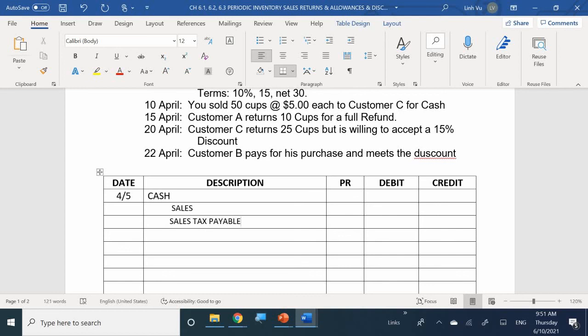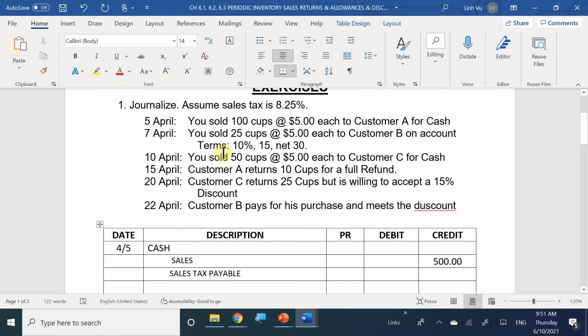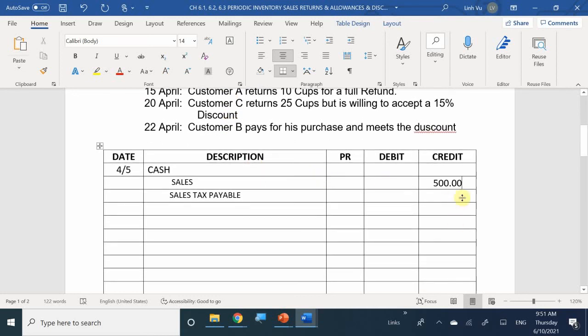Okay, so let's go ahead and calculate our amount. So you said $500, right? Okay, so we take 100 and we times it by $5. So in this case, $500, right? How much is tax? $42.50.